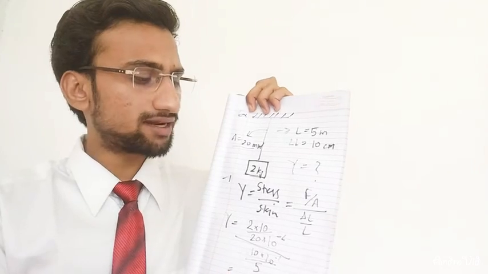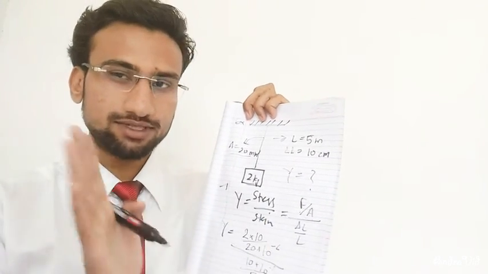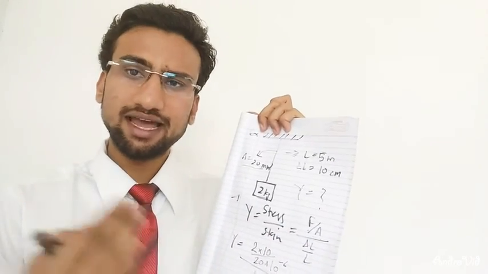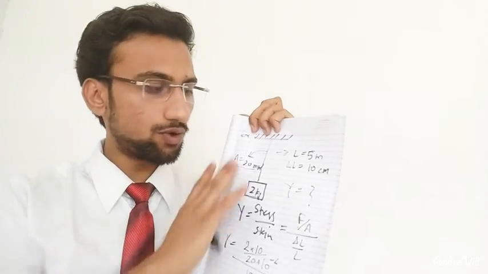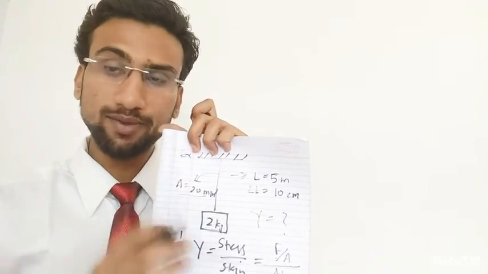Area can also be asked, and force can be asked. For the question we will have certain data, and certain data will be asked. So this is the concept from where we learn how to solve numericals on elasticity.